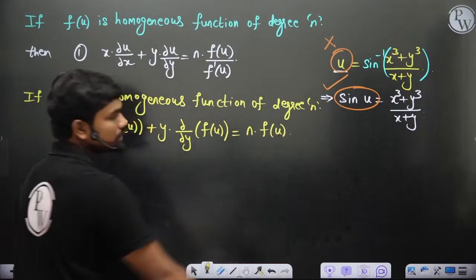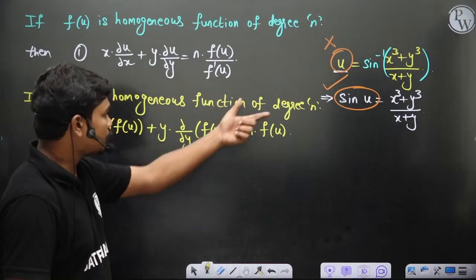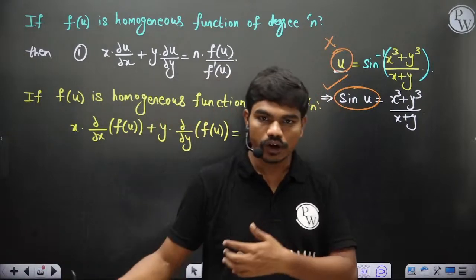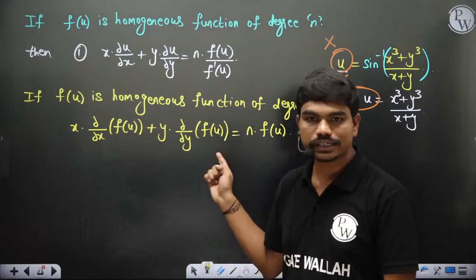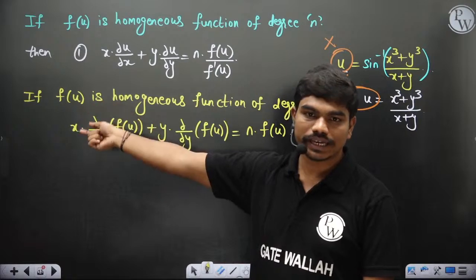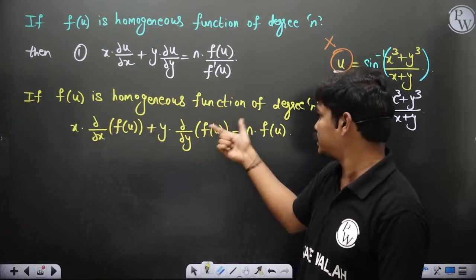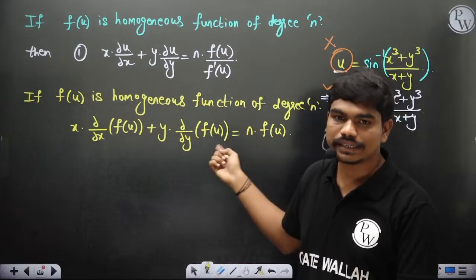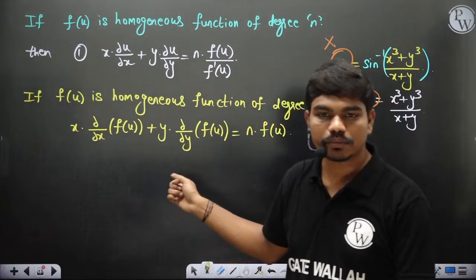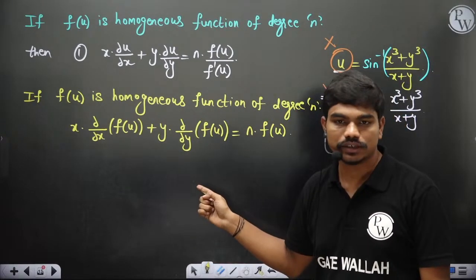Yes or no? Please type it in the chat box. Can I write this? Because f of u is homogeneous, x into dou by dou x of this plus y into dou by dou y of this is equal to n times f of u. Everyone, please type it in the chat box. Quick, a bit faster.